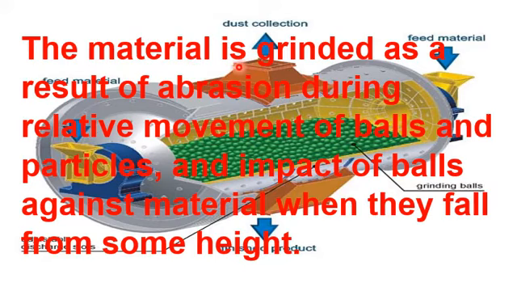The grinding is done due to abrasion of the balls used in the ball mill apparatus with the bulk material, and the impact of the ball with the bulk material results in fine nanoparticles or nanomaterial.